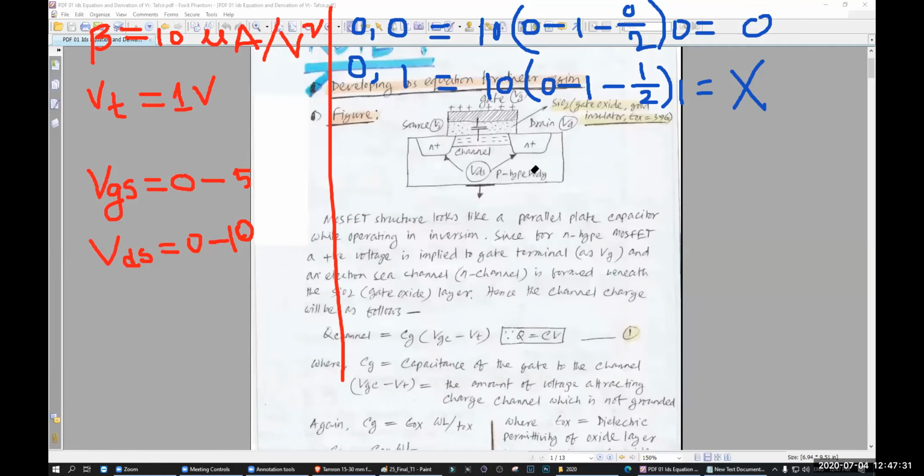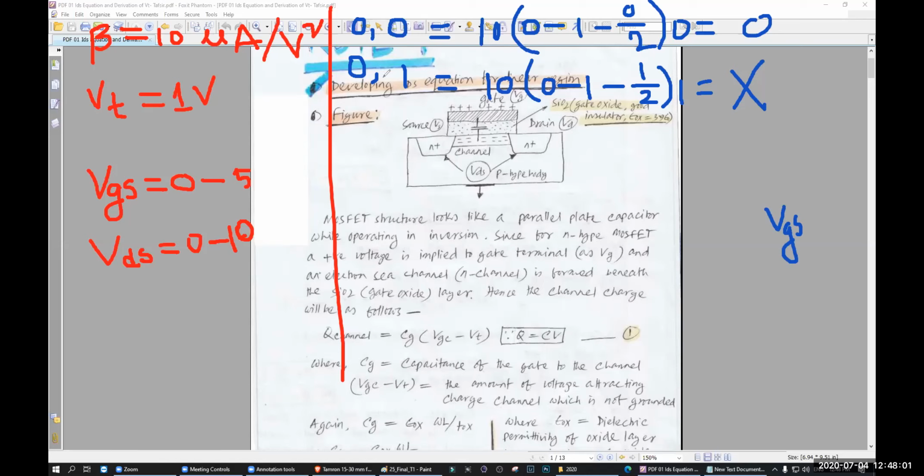The problem is, you can see, here you have to apply some voltage as VGS. If you do not apply the voltage, the channel will not form, right? If the channel is not formed, that means your transistor is not working, and you are not supposed to get any current.